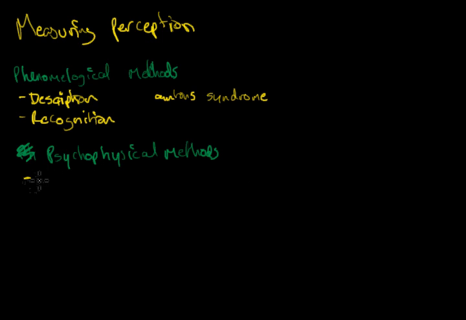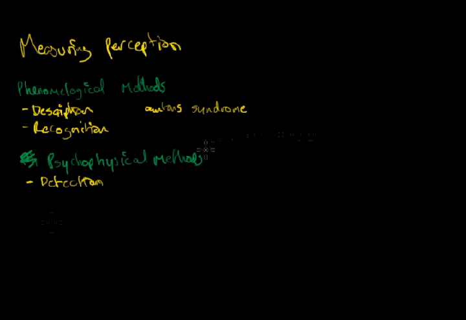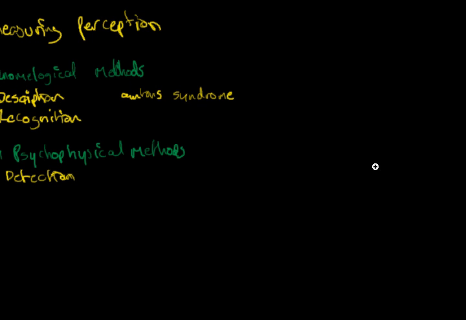The first one I think we could use, let's use the word detection. Detection is a psychophysical method. Detection really comes about when we ask, okay, so we could recognize, say, a light being shone in our eyes. We can detect, but what is the minimum amount of light that we could detect?